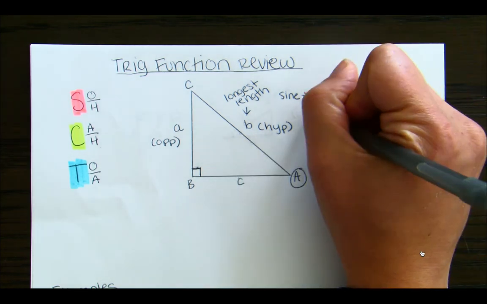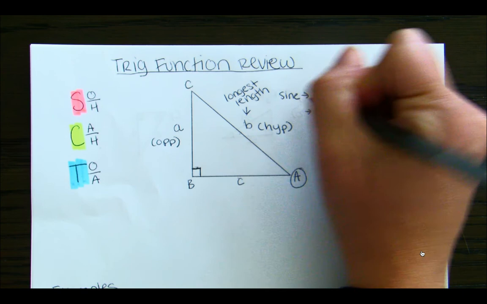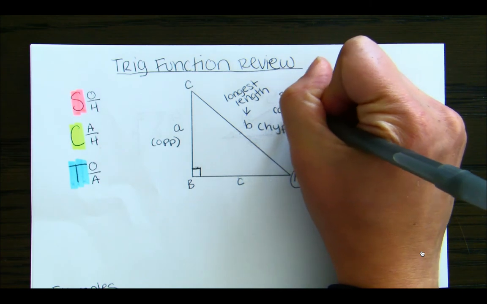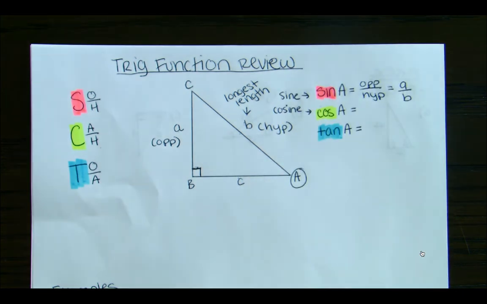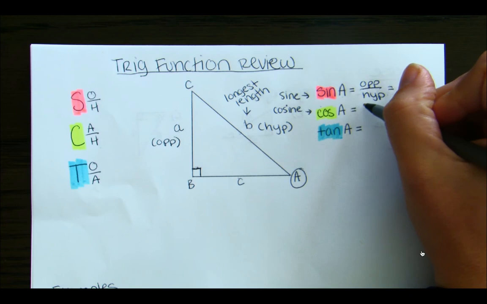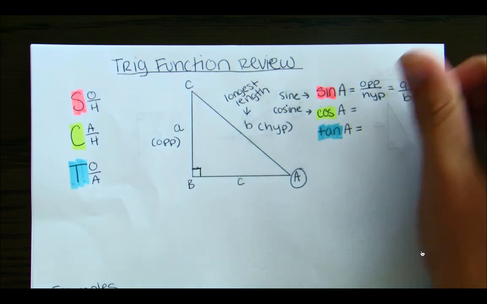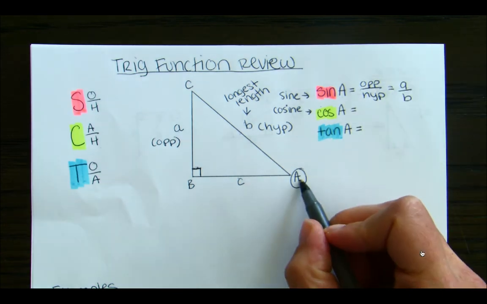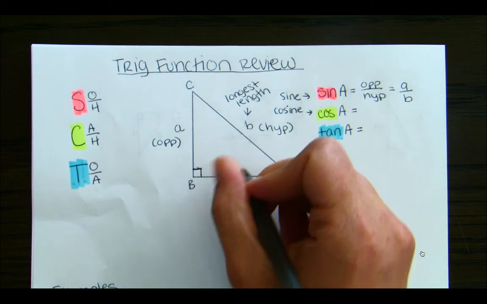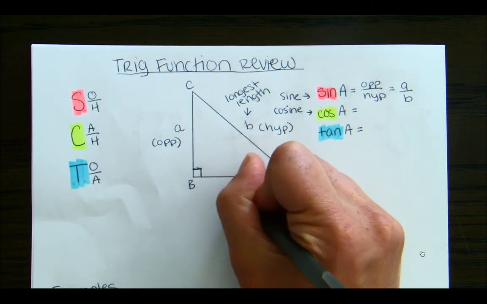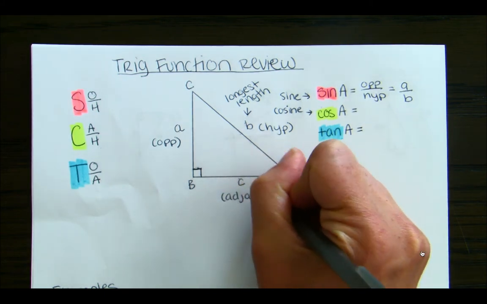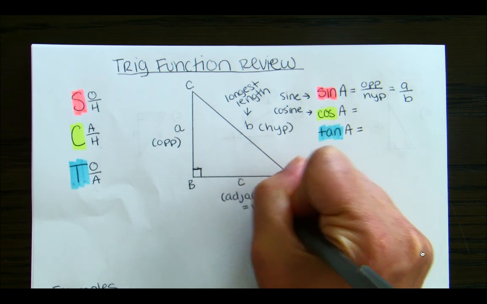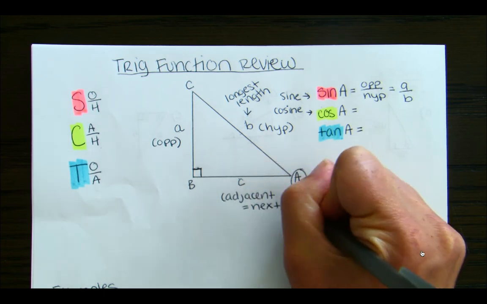The next one we have is cosine. When I spell it, it's co, but with sine. And this is adjacent over hypotenuse. So when I'm coming from angle A, my adjacent is next to. As a reminder, adjacent means next to, so it's right next to the angle.